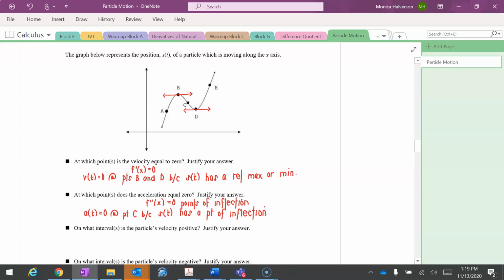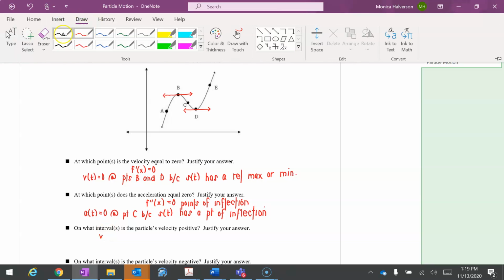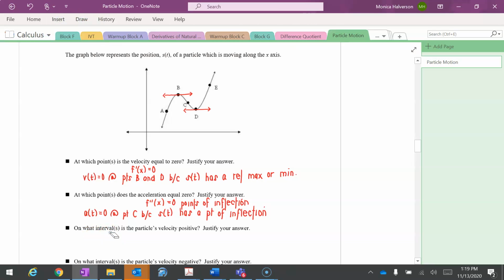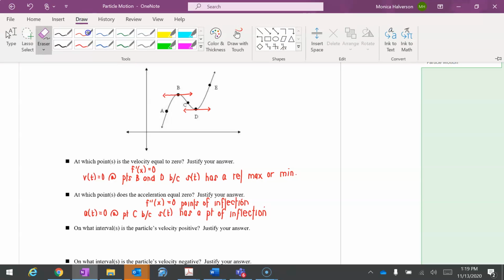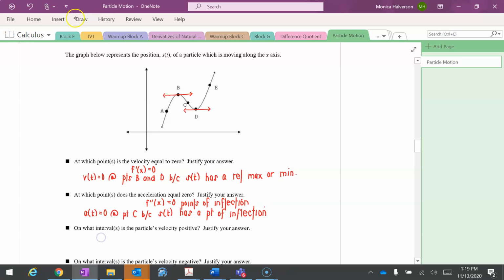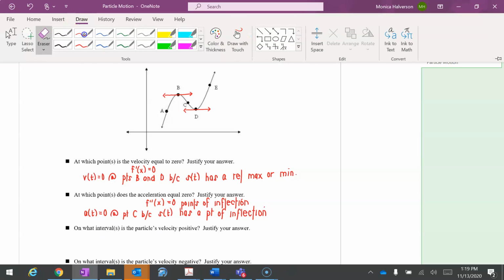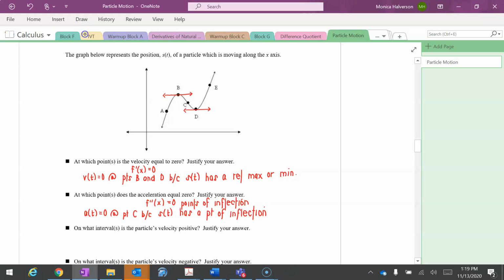So, on what intervals is the particle's velocity positive? All right, so they're asking when is the first derivative of this function greater than 0? Well, that means that the original function must be increasing.